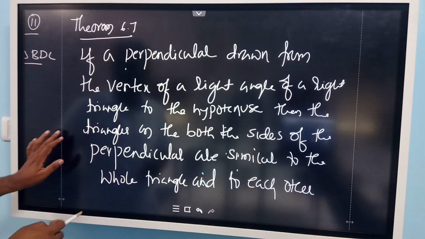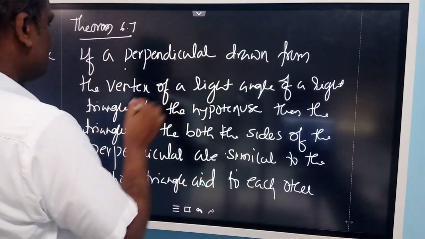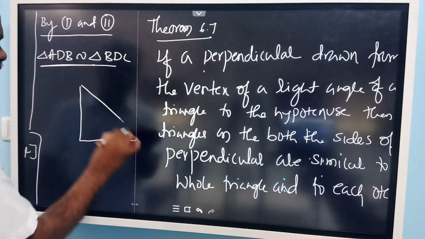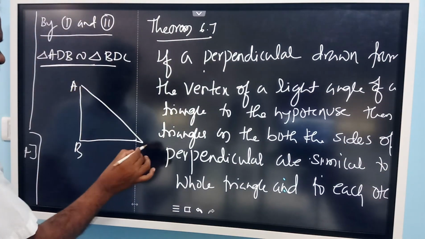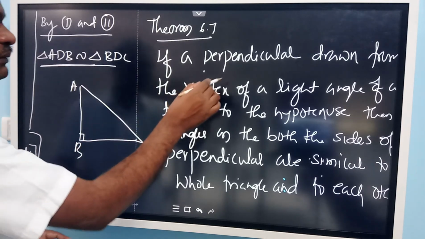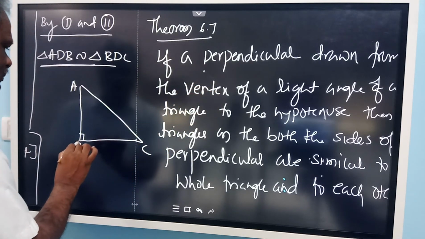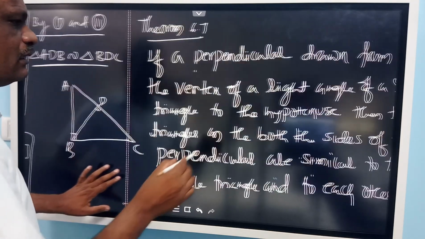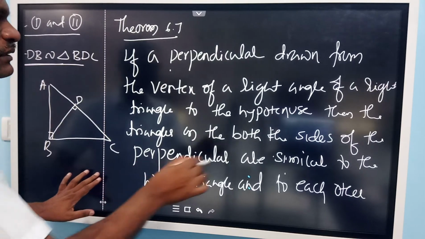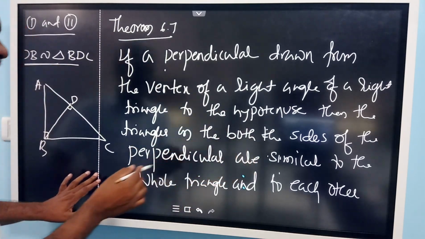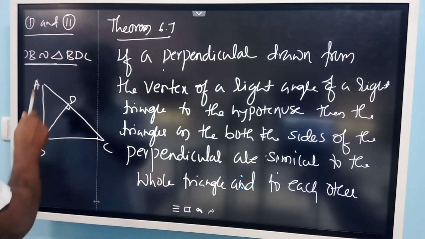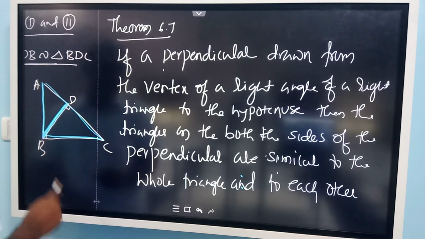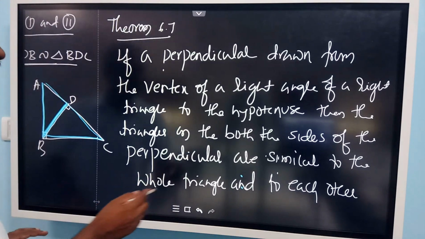Look at this. Suppose this is a right triangle, and this is the right angle vertex. If a perpendicular is drawn from the right angle vertex to the hypotenuse, then the triangles on both sides of the perpendicular, this triangle and this triangle, are similar to the whole triangle.